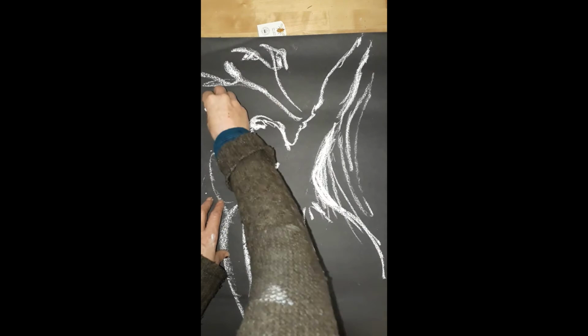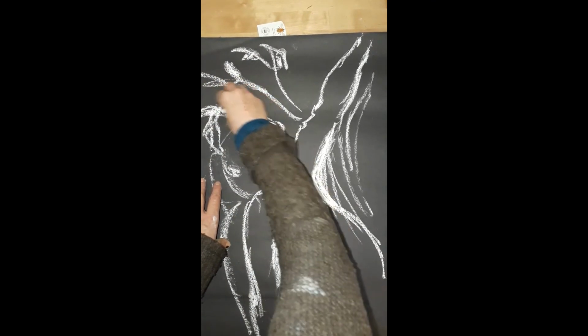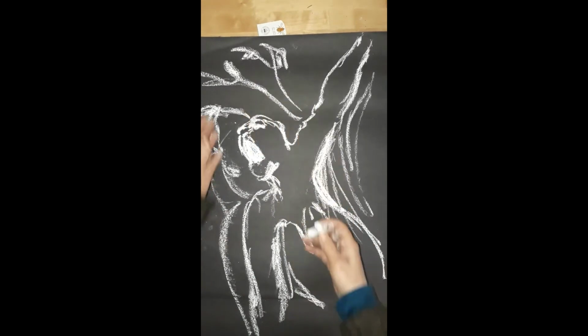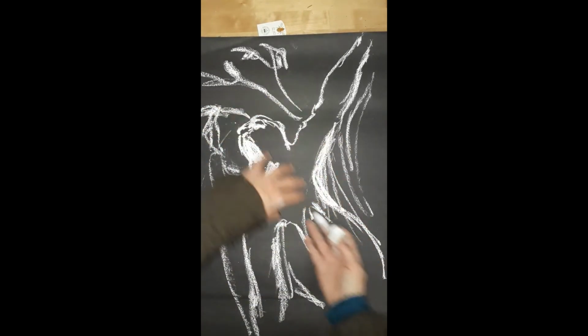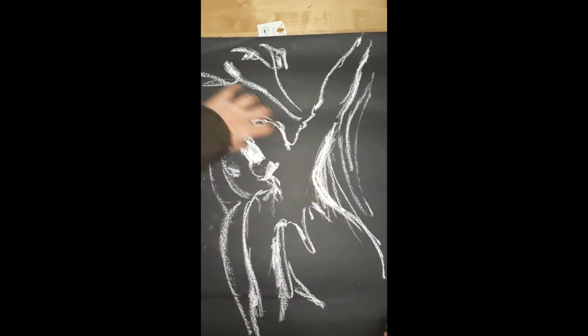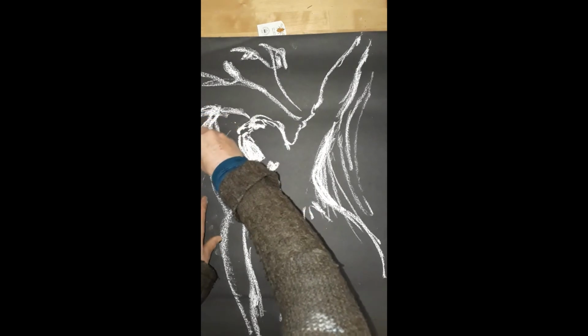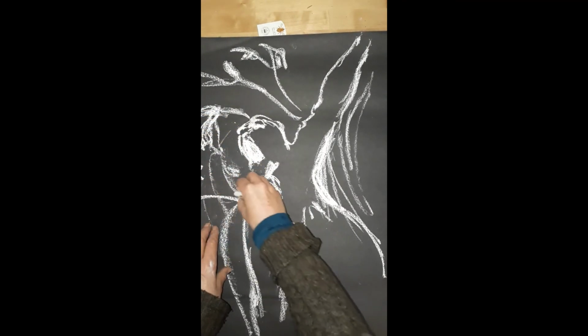So you can use the environment, the area around the animal to suggest movement as well. What that does is it gives all these lines, you drag your eye over here. So there's a real linear movement going right the way across diagonally. And I'm using these leaves just to bring the eye back in to the page.